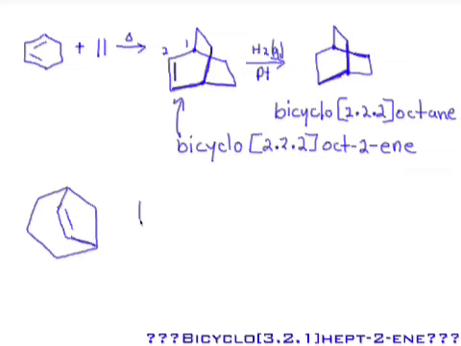Well, again, we begin with bicyclo. The alkene ends up in the root. I must number from the bridgeheads. 1, 2, 3, 4, 5, 6, 7, 8. I have a bicyclo, a bridge of 3, a bridge of 2, a bridge of 1, and a heptane.